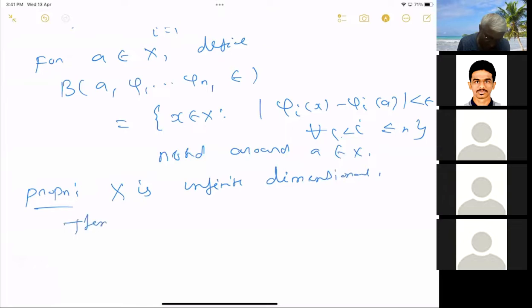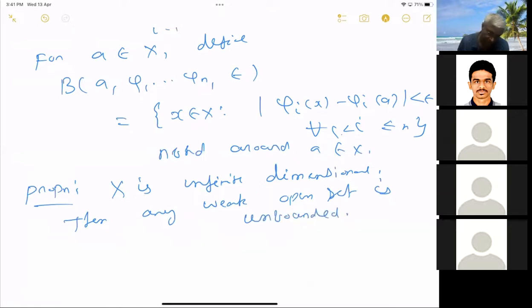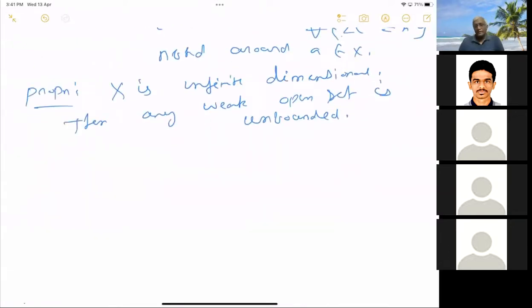Then any weak open set is unbounded. So this proves that if X is infinite dimensional, then the weak topology is actually weaker than the norm topology.